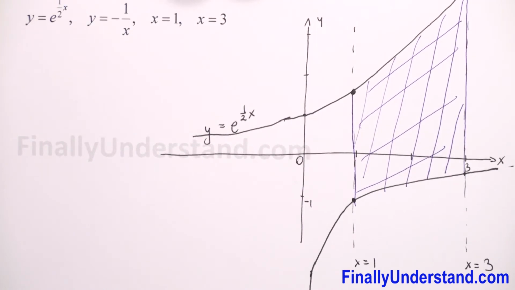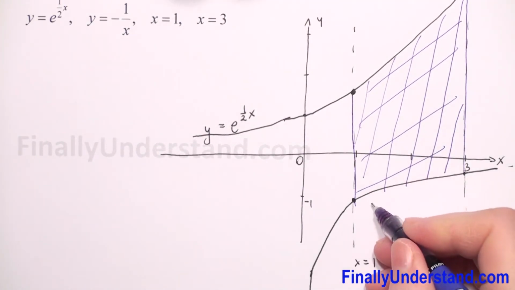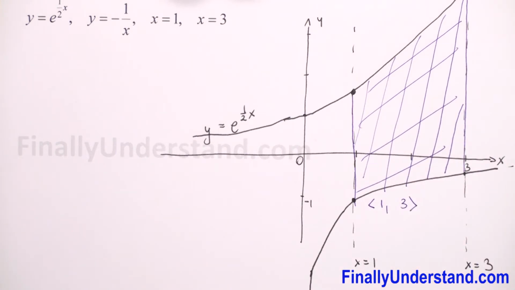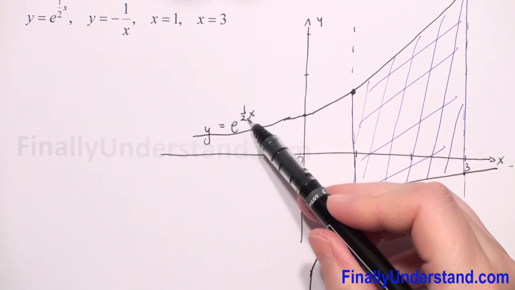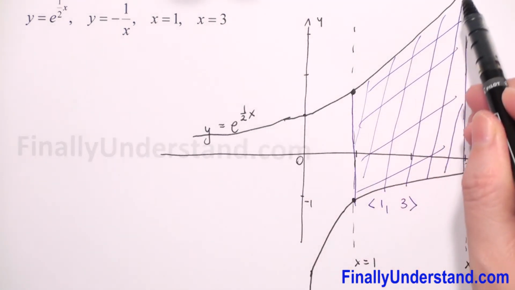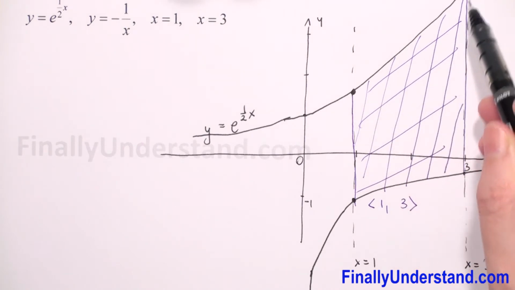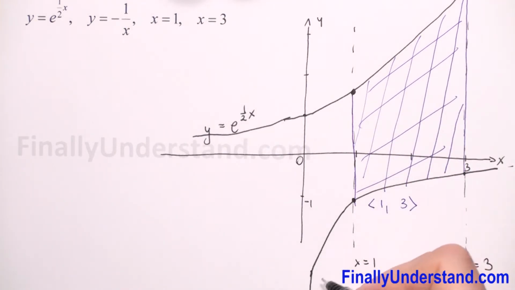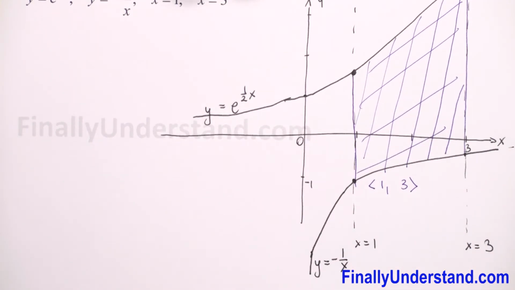This area is over the interval from 1 to 3. The curve which is upper is e to power 1/2 x. This is our upper function. And the lower function is y equals -1 over x.